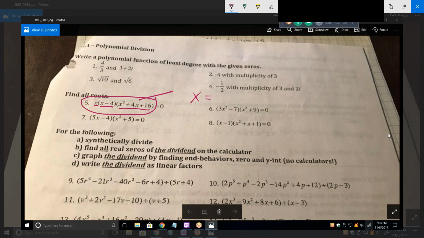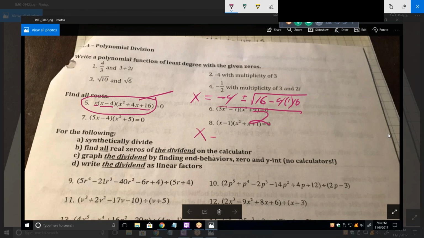What do we get? So you would get -4 plus or minus the square root of 4 squared minus 4 times 1 times 16, over 2.